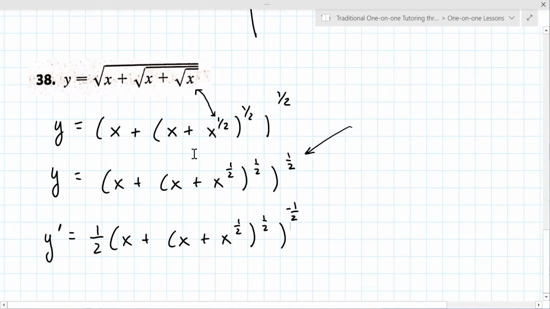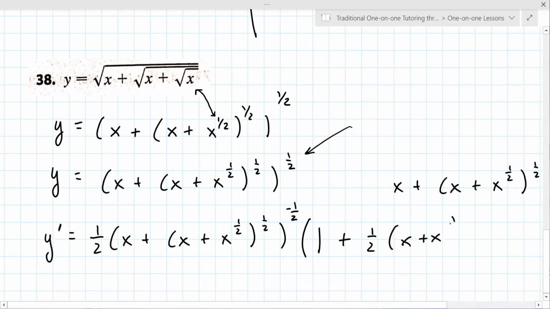So what's the derivative of the, well, I'm sorry. Our next inside function is this x plus x to the 1/2. Let me say this is our next inside function. You have to take the derivative of this. The derivative of x is 1 plus what's the derivative of this thing? Well, you have to start with the outside function. So it's 1/2, keep the inside, subtract 1.